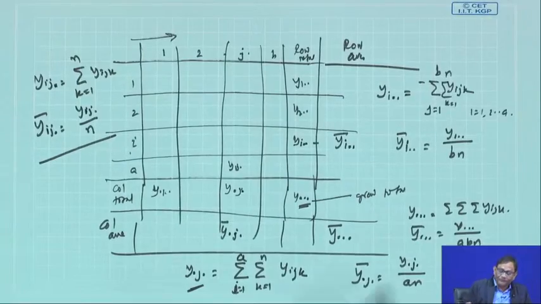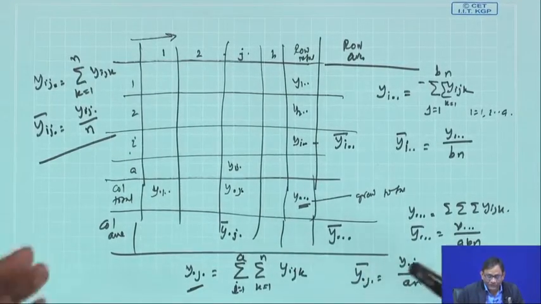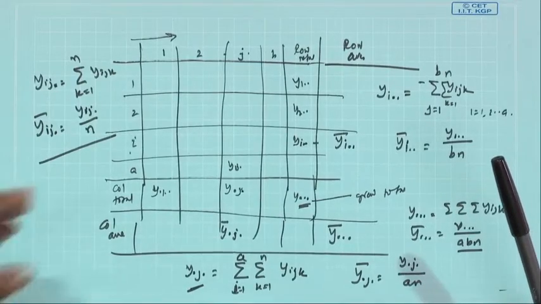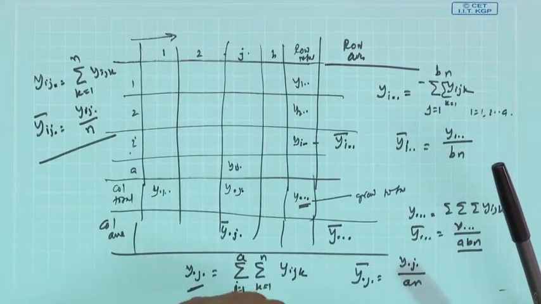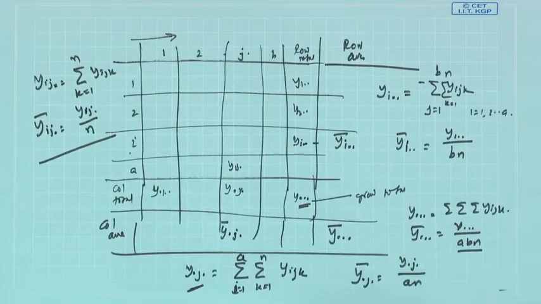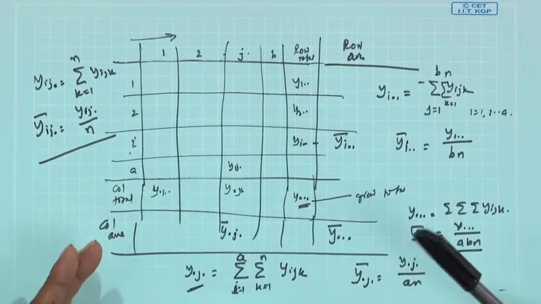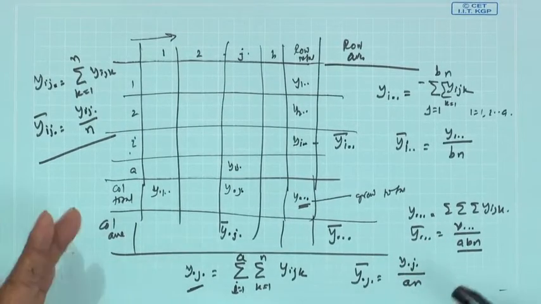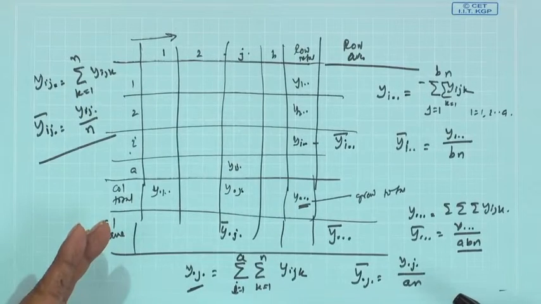Okay. So, this will give you the required statistic values for computation of SST, sum square total, sum square for effects, main effects, interaction effects, and errors, all those things.